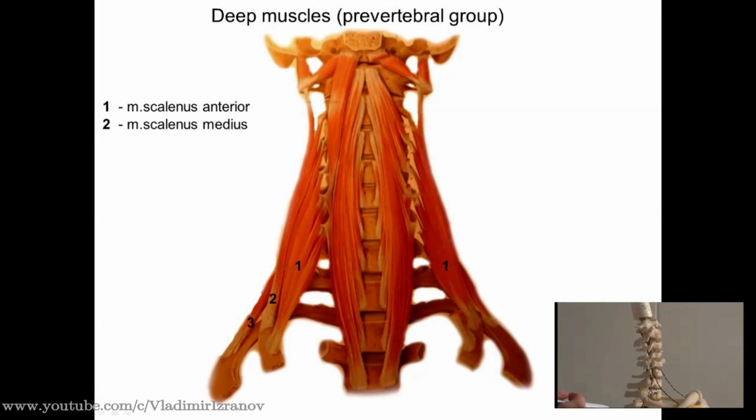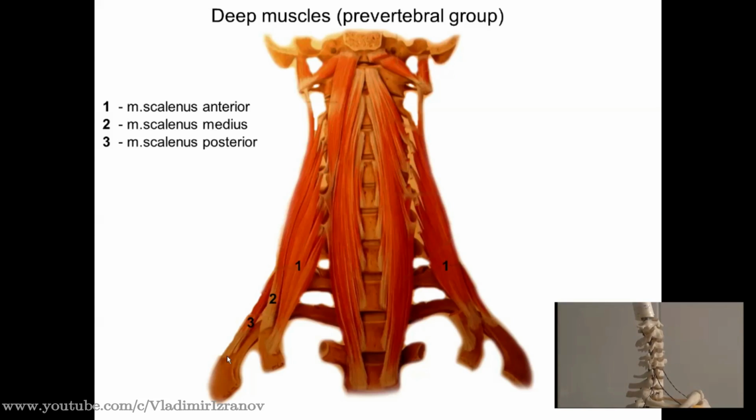Muscle number 3. Here it is, number 3. You can see it is close to the middle scalenus muscle and inserts on the second rib. This is first rib and this is second rib. Musculus scalenus posterior.